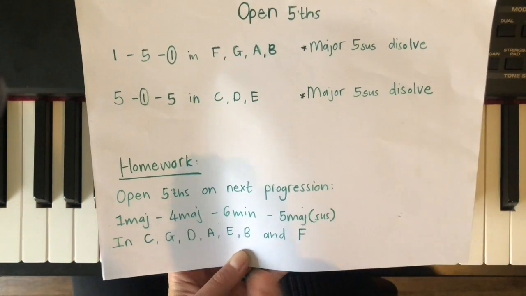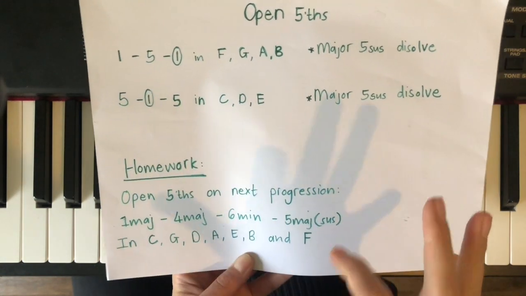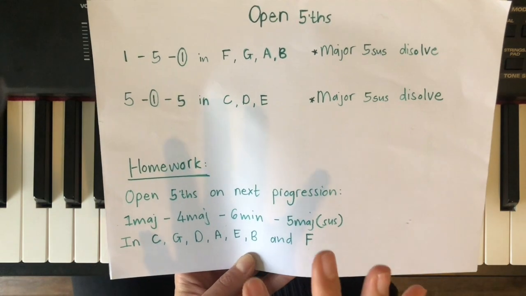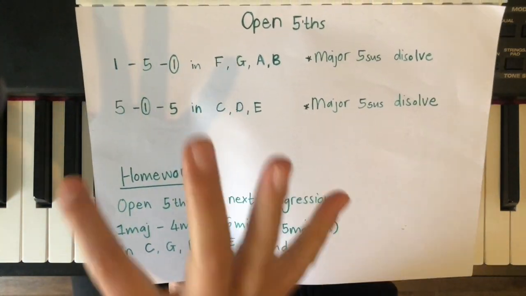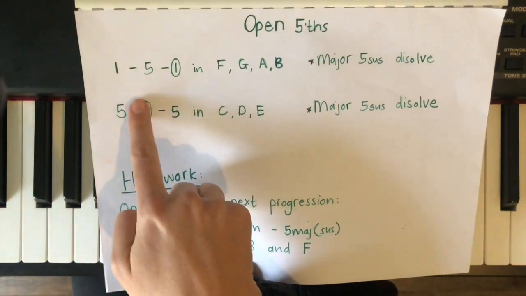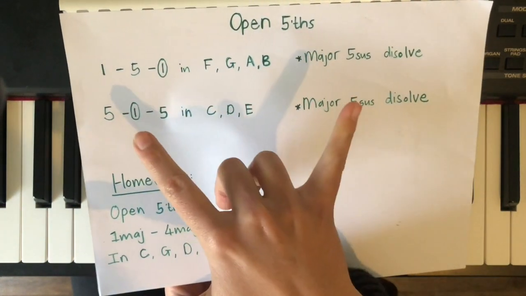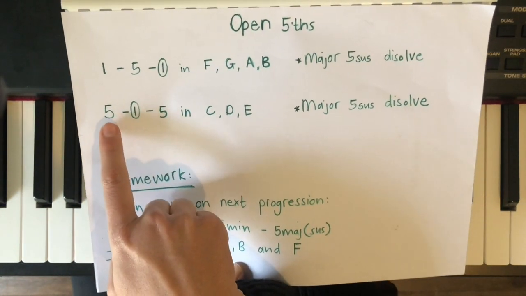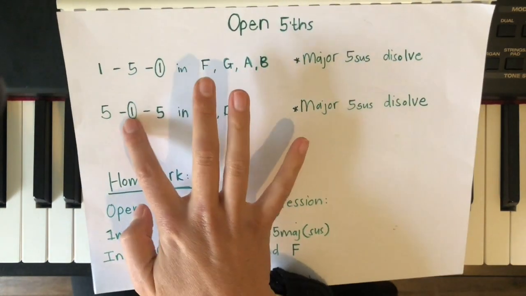And then if I play the open 5th progression on a 5-1-5, I'm always going to have the sus resolve or dissolve on my index finger on the 1 here. So if I play 5-1-5, it's going to be here at the top, the sus. I'm going to explain it now. And if I'm going to play 1-5-1 and 5-1-5, it's going to be in my index finger.